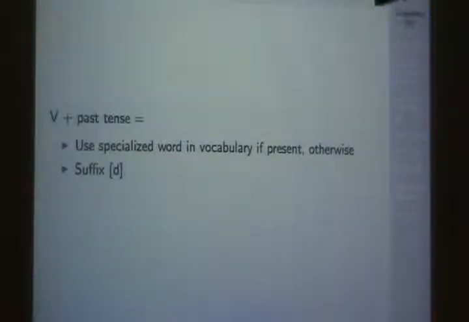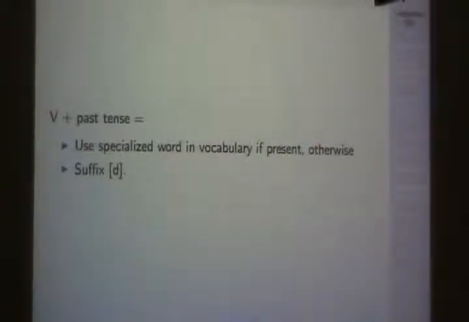Inflectional morphemes differ from derivational morphemes in a variety of ways. One of those is that for inflectional morphemes, there is a way of expressing that inflectional morpheme for every member of the class of things to which those morphemes attach. For instance, every verb has a past tense form. It's a bit complicated, as I taught you last time.